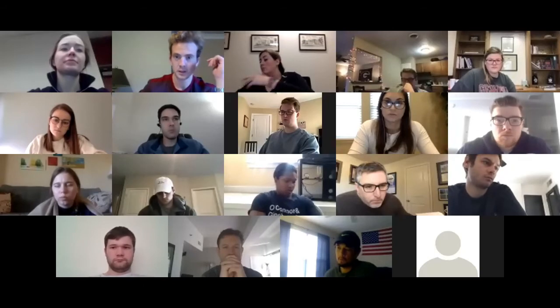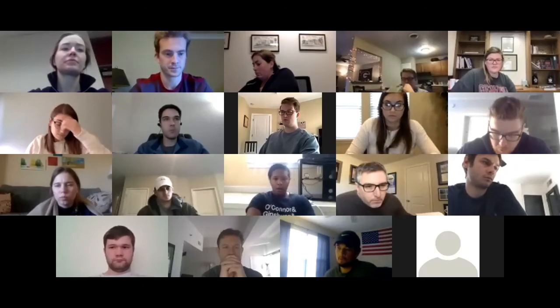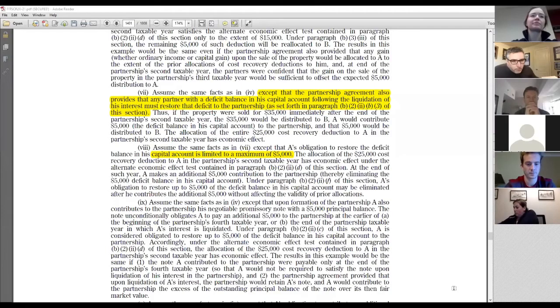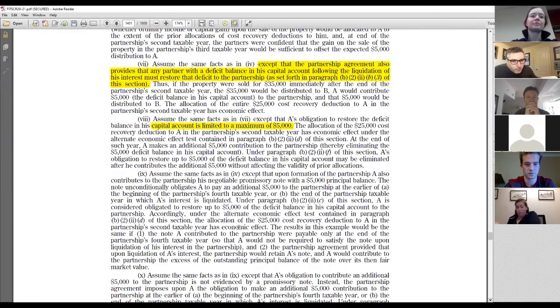All right, moving on to 9. Again, same facts as 4, except now A contributes a promissory note of 5. So A has no unlimited deficit restoration obligation. A has no explicit LDRO, but he signs a promissory note.